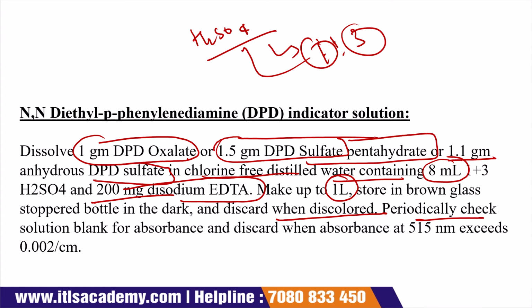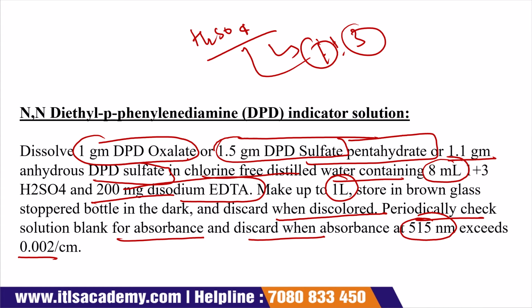Periodically check the solution blank for absorbance, and discard when the absorbance at 515 nanometer exceeds 0.002 per centimeter. In both cases we have to discard the solution, if it is discolored or if the absorbance exceeds the limit.